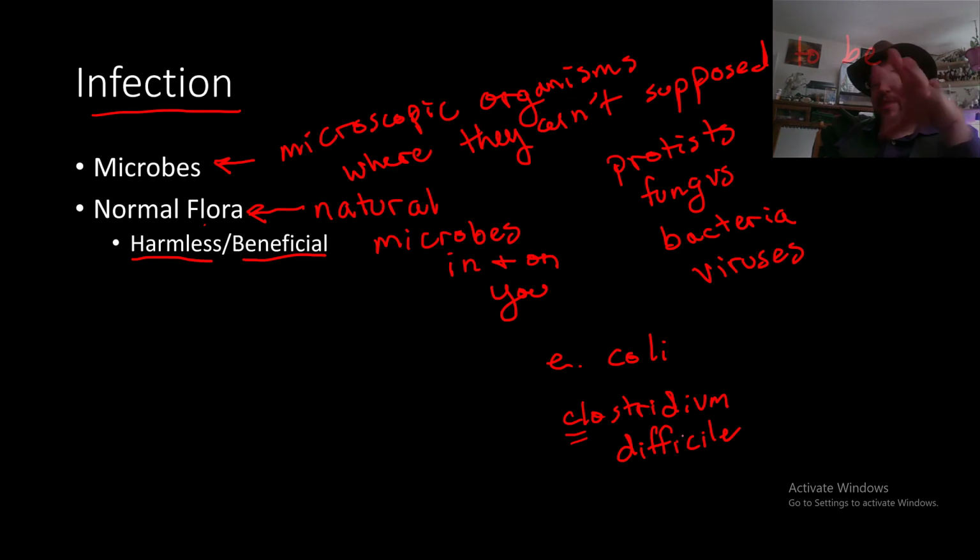If you have a nice healthy population of E. coli, Clostridium difficile rolls up, there's no place to stay. And it's much harder to get a clostridial infection of your intestines. So, very good. E. coli, the gut bacteria, also seem to play roles in making neurotransmitters and various other things. It's very fascinating stuff, the normal flora. Very cool to look into.